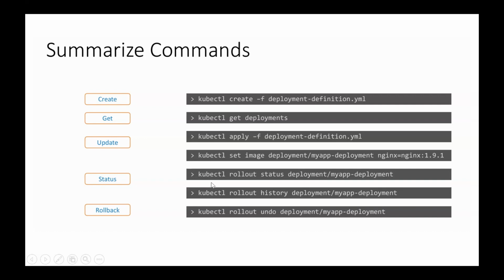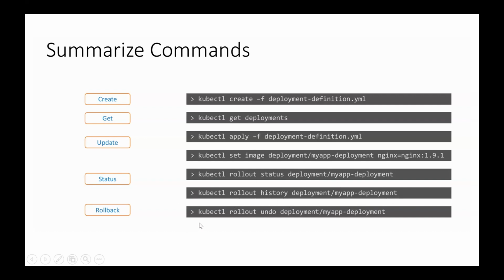If you want to know the status, you can type kubectl rollout status and the deployment name. This will give you the status of the deployment. If you want to know the rollout history, you can run this command. By using it, you can check the history of your deployments, and even if you have to roll back the deployment to the previous version, you can check with kubectl rollout history.